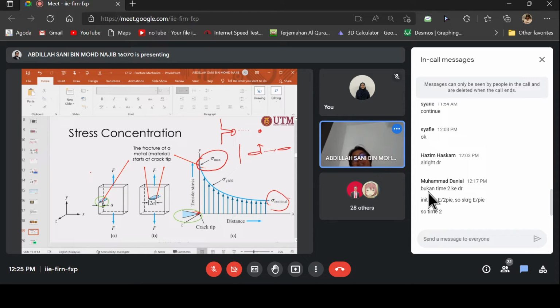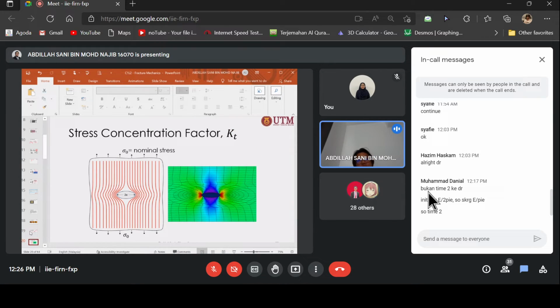So the crack tip has the highest stress, and as you go away from the crack, your stress approaches the nominal stress. Nominal stress is the one you apply, not the concentrated one. Okay, all right. So this is how it looks when you do simulation.